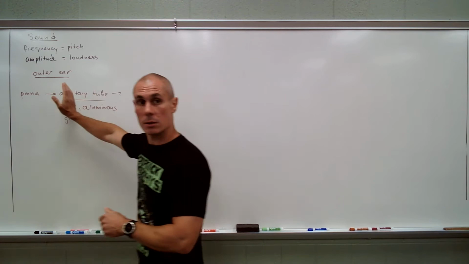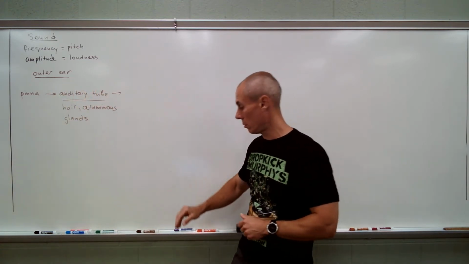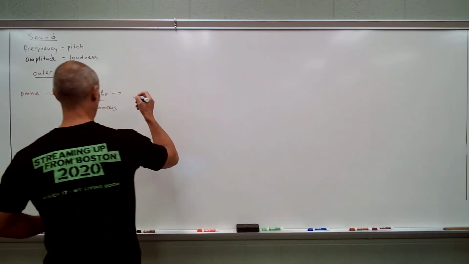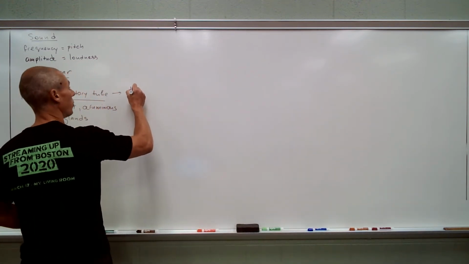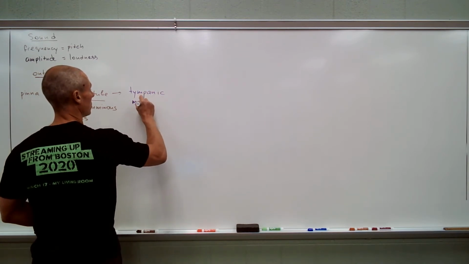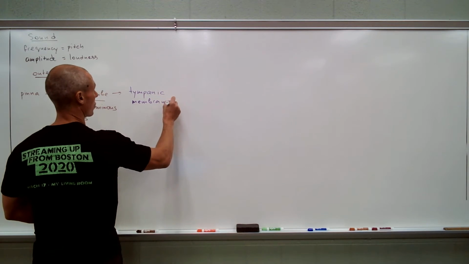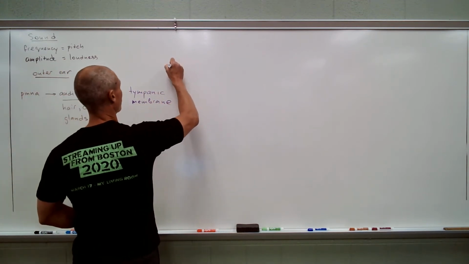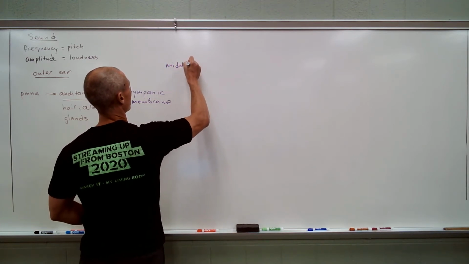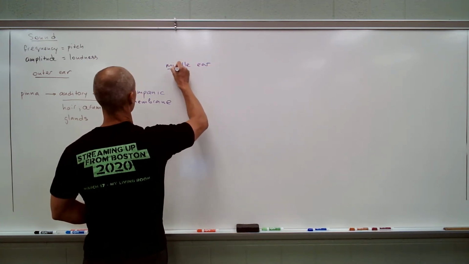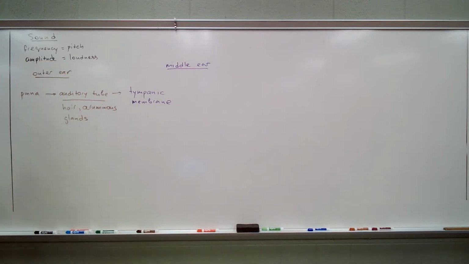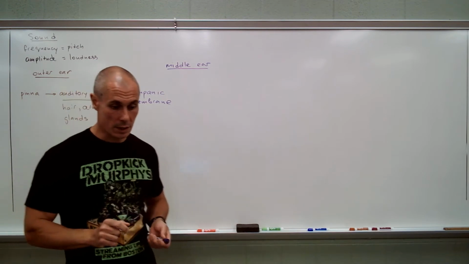Now, these vibrations of the air go through the auditory tube, and then they meet the first part of the middle ear, which is the tympanic membrane, which you know as an eardrum. Okay? In response to those vibrations, the tympanic membrane vibrates itself.